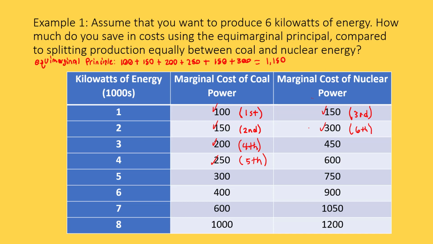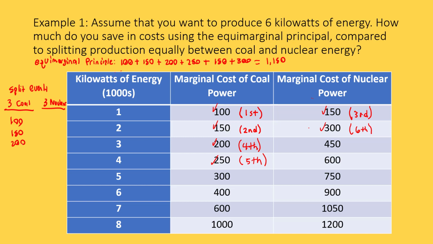Now it says, how do you compare that to when you split production equally between coal and nuclear energy? Right, well, if we wanted to split production evenly, which I'm just going to do over here on the side, then that means that you're going to have 3 from coal and you're going to have 3 from nuclear. So you just take the first 3 units of coal there, 100, 150, and 200.